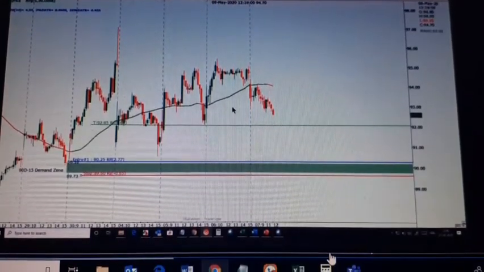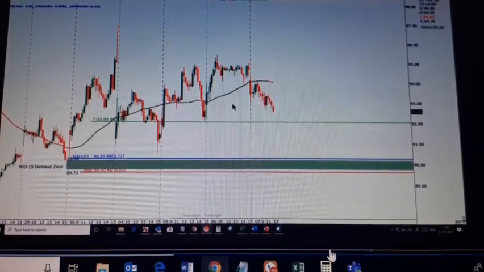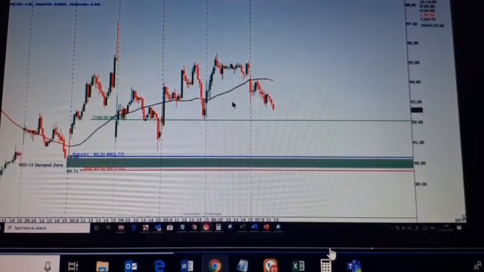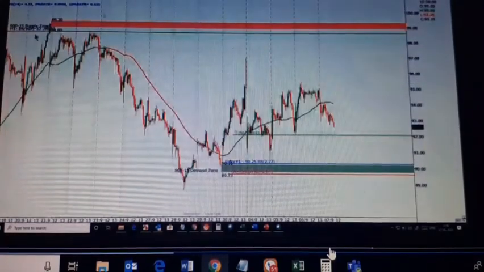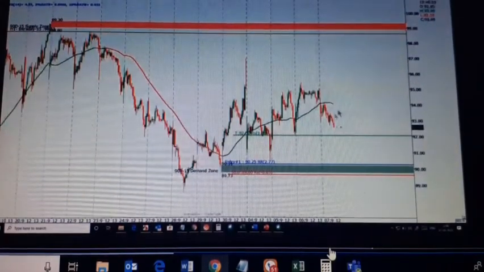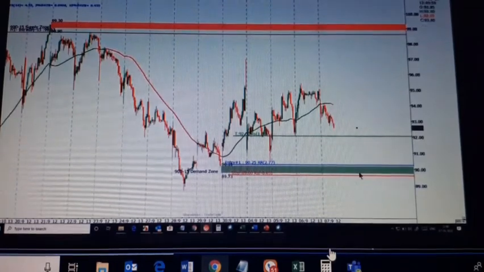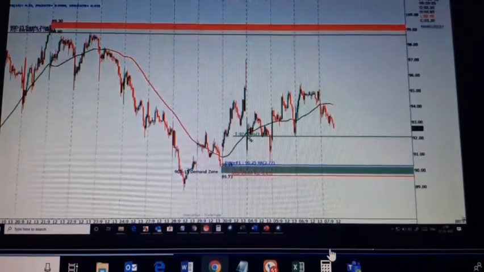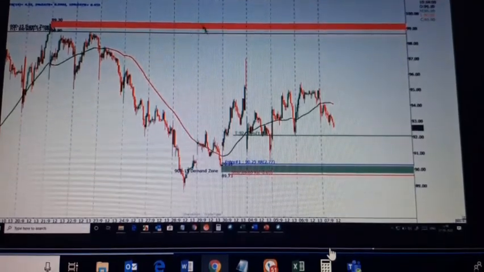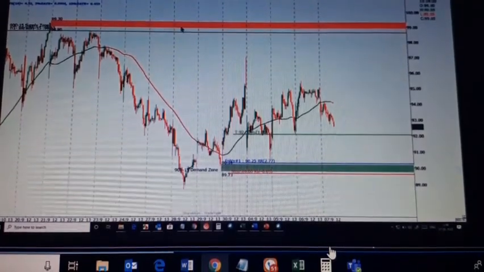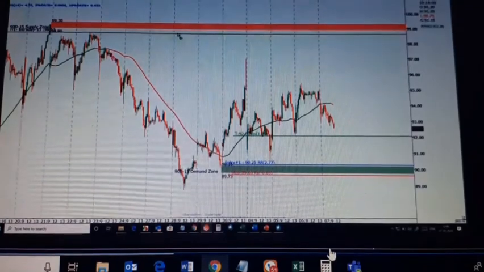As per today, I'm looking at a supply zone. As per yesterday, this was a supply zone, so if the price had hit it yesterday, this could have been your target. This is your opposing level of supply as per yesterday.